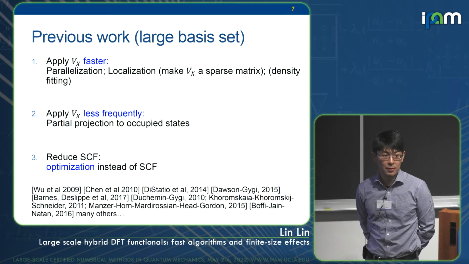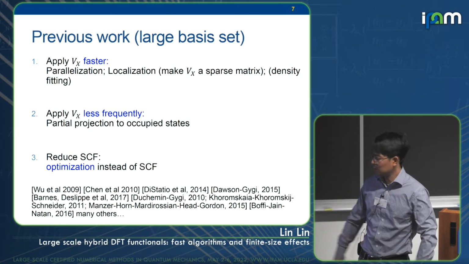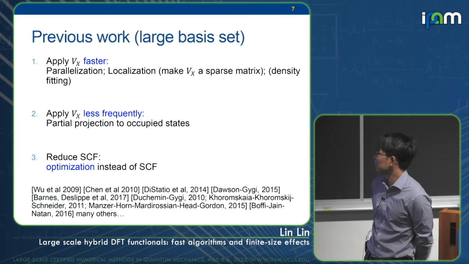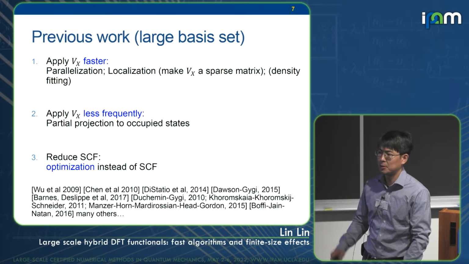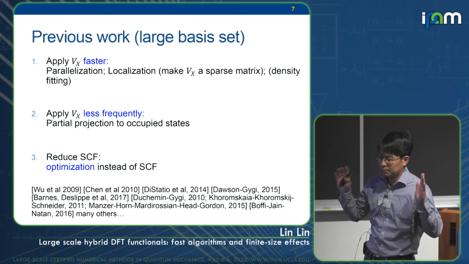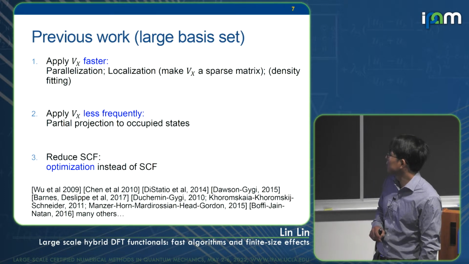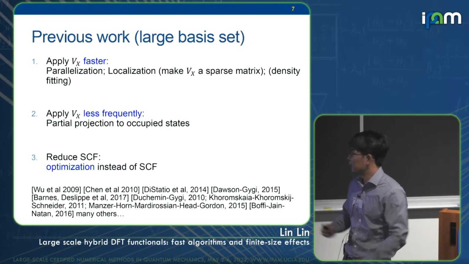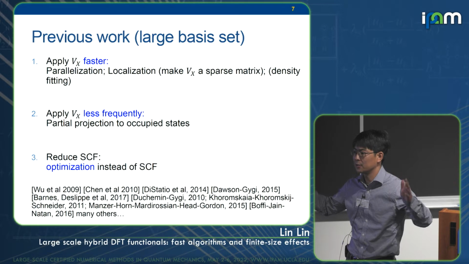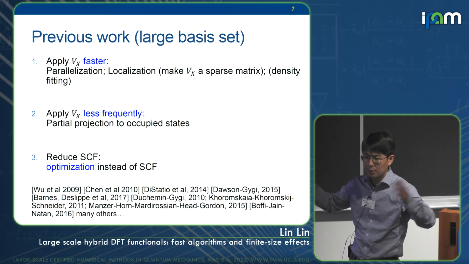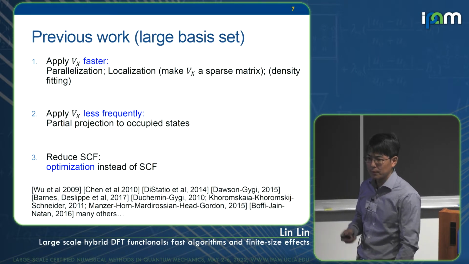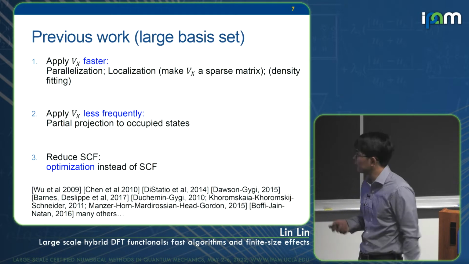The problem there is very different. I can go into length about what the differences are, but to make the discussion simpler, let's just think of a large basis set in the sense that you don't even want to form the Hamiltonian or the Fock matrix. You can only do it iteratively.